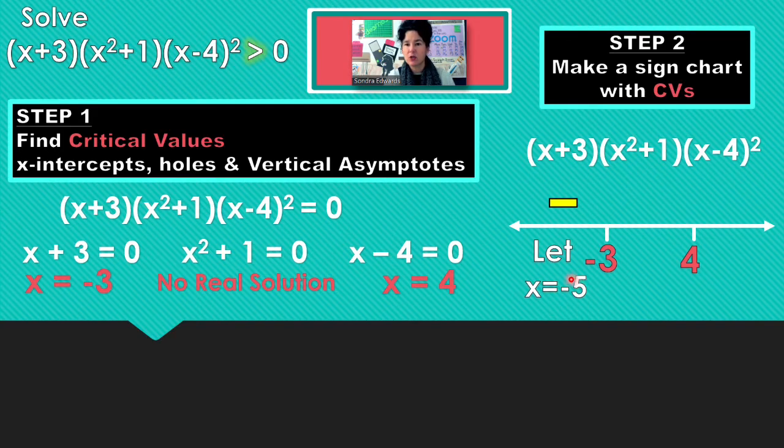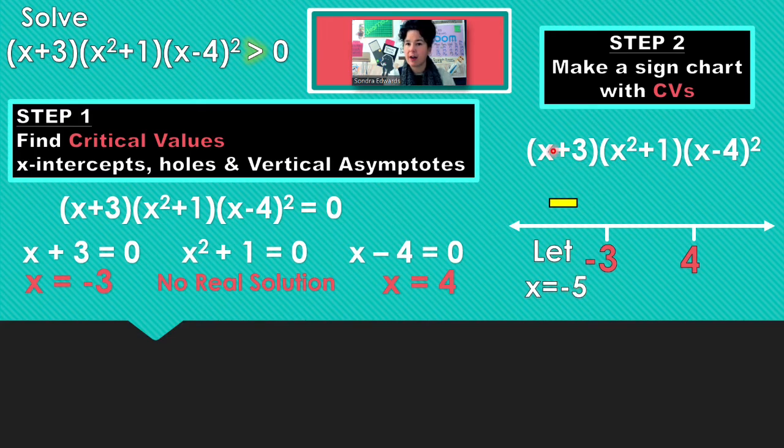If you substitute -5 into this original and it's factored, well, if you multiply an even amount of negatives together, you get a positive answer. And if you multiply an odd amount of negative numbers, you're going to get a negative answer. So if I substitute -5 up in here, -5 plus 3 would have a negative answer. Yes, it happens to be -2, but I don't care about the specific, just positive or negative.